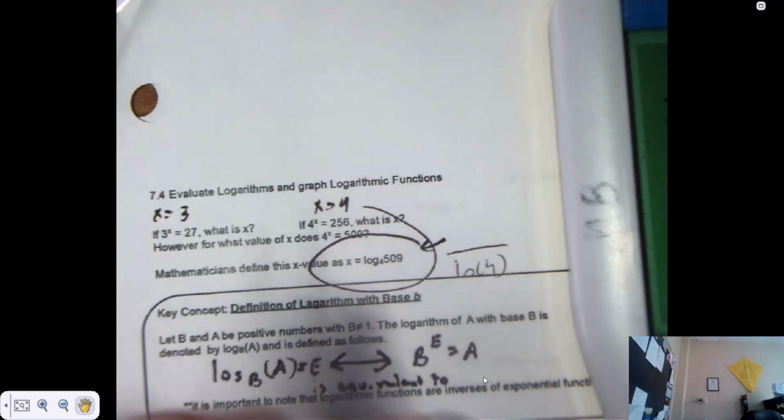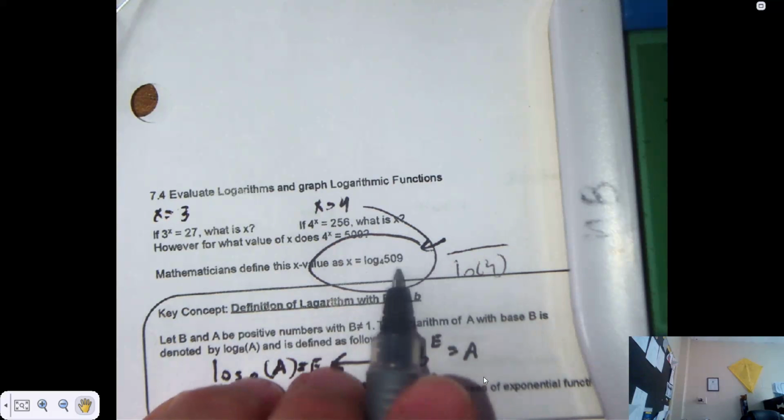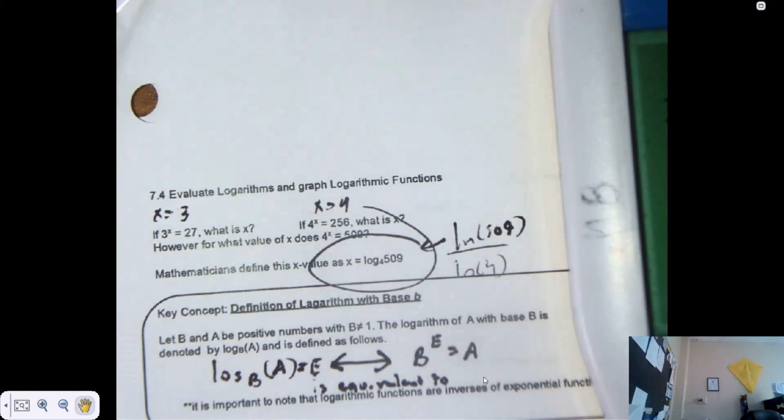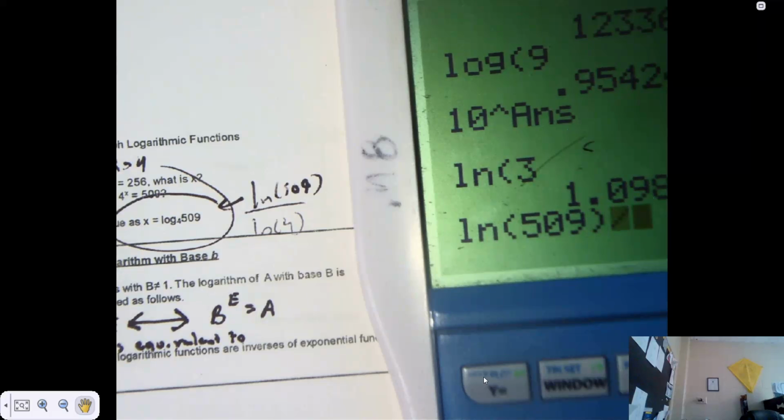Notice how that 4 is down low? The ln of 4 is down low. ln of 509. Notice there's a natural log in both numerator and denominator. It's not the natural log of 509 over 4. ln of 509 over ln of 4. I said it would be a little over 4. Oh, it's actually close to 4.5.